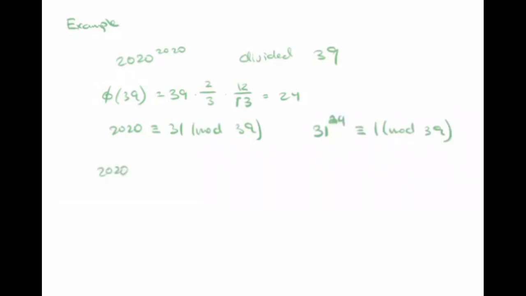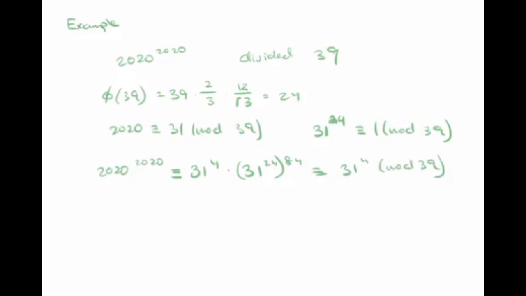Then 2020 to the 2020 power is congruent to 31 to the 4th power times 31 to the 24th to the 84th power. We basically split 2020. And this is just 31 to the 4th.